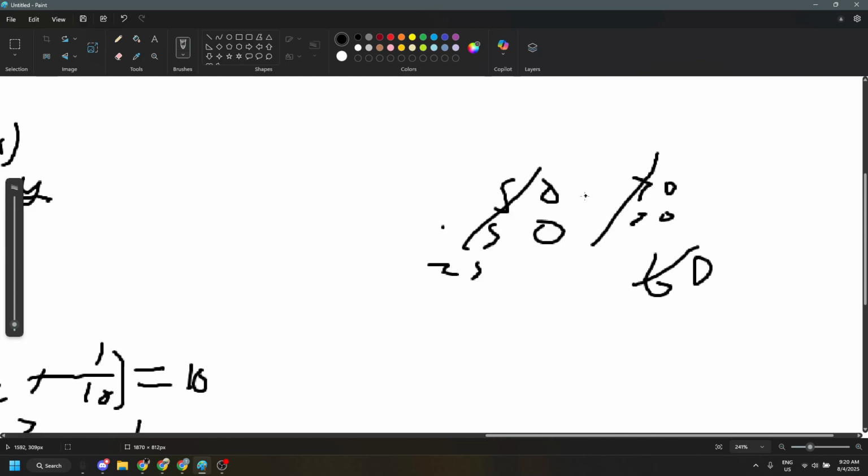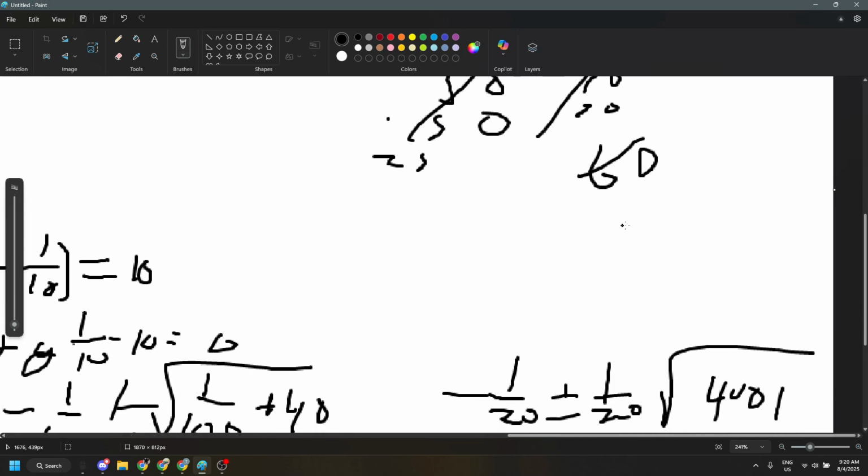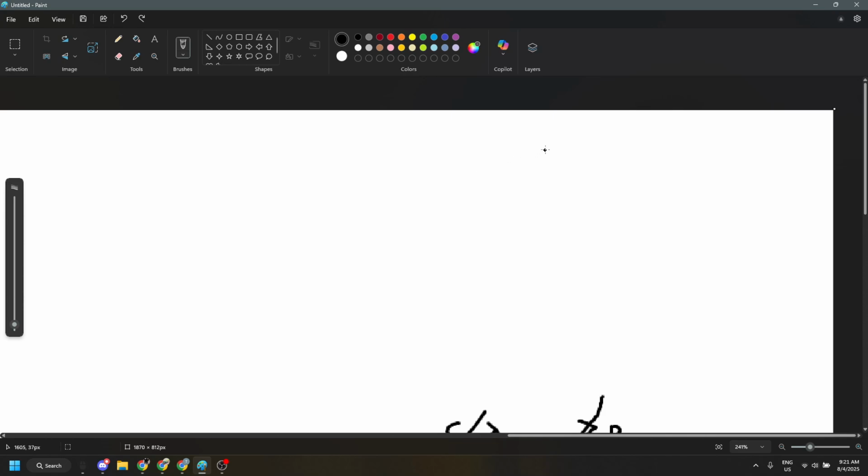So it's in between 70 and 60, so I'll try 65. It's gonna be above, because 4,225, yeah, it's gonna be like 4.2. So we're gonna go with 63.